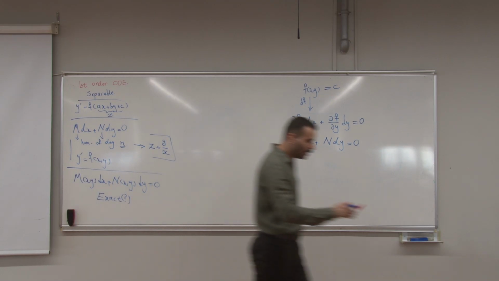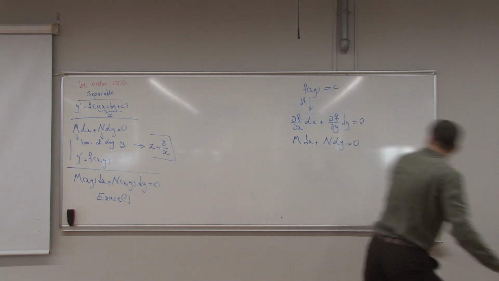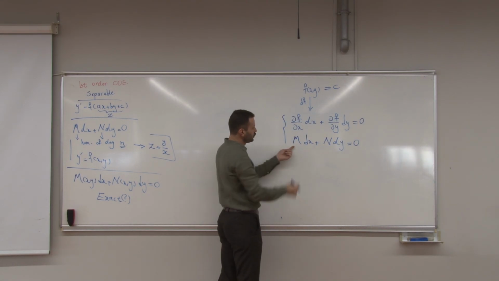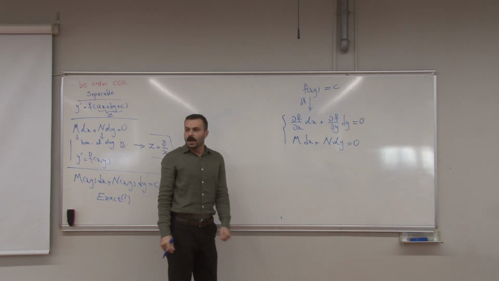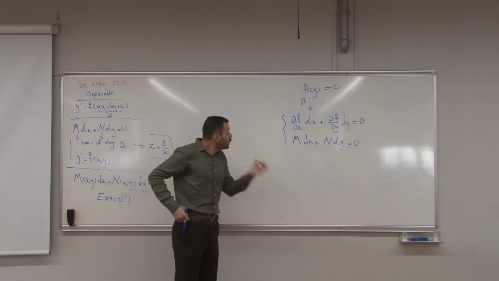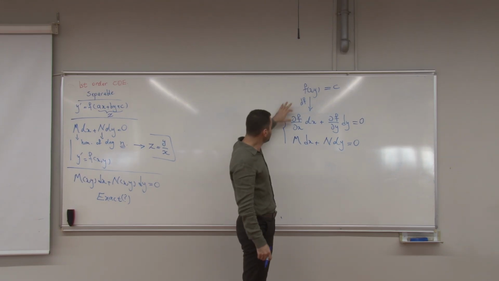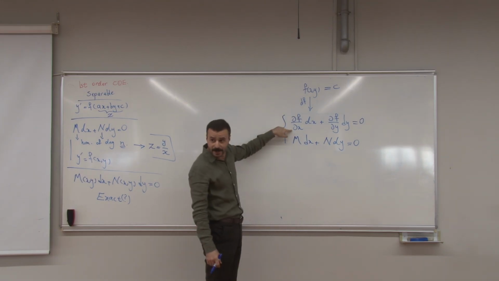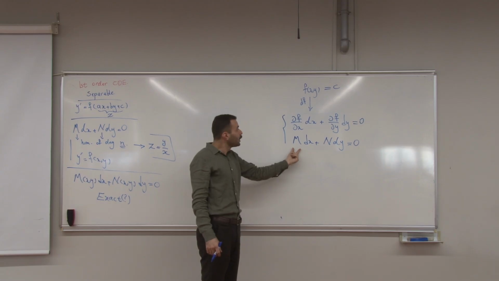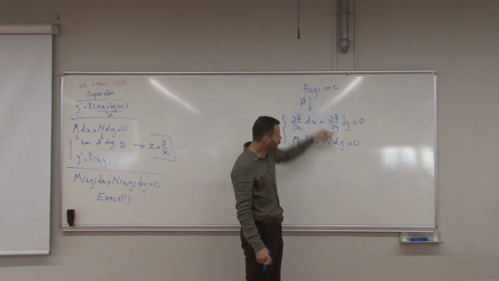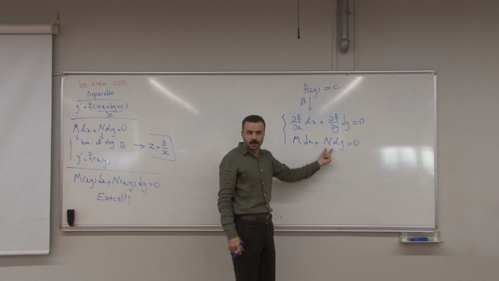Okay. Now the problem is this. If I have this kind of an equation, can I find a function f such that if I take its partial derivative with respect to x, I have this M, and if I take its partial derivative with respect to y, I get this N?